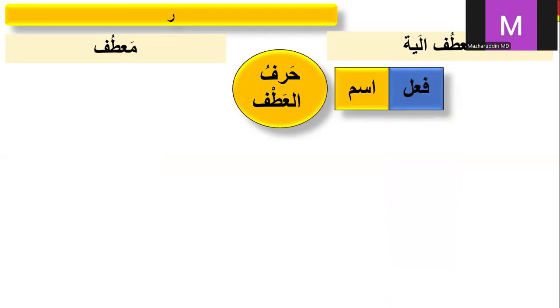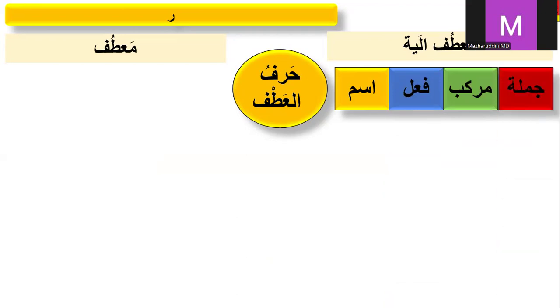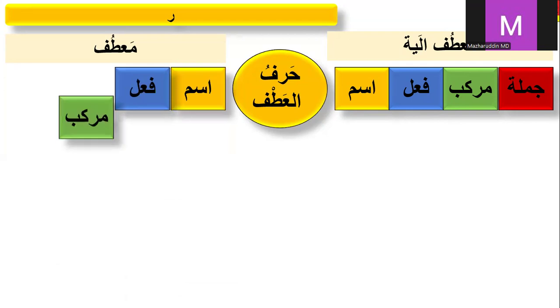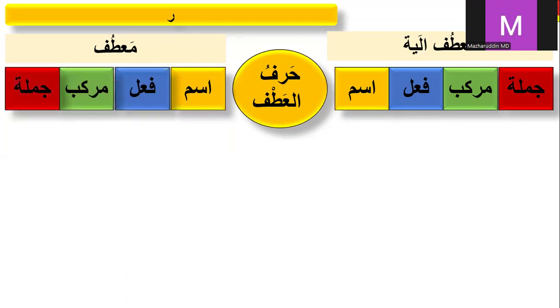We need to understand what kind of words are ma'tuf ilayhi or ma'tuf. Ma'tuf ilayhi can be ism, fi'l, murakkab, that is phrase, or jumla, that is sentence. The same way ma'tuf can be ism, fi'l, murakkab or jumla.